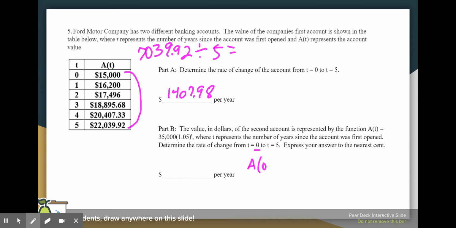Okay, so for the bottom one, we have to plug in t equals 0 first. So we have A of 0 equals 35,000 times 1.05 to the 0, which is 1, since anything to the 0 is 1. It just gives us 35,000. Then we're going to plug in t equals 5.